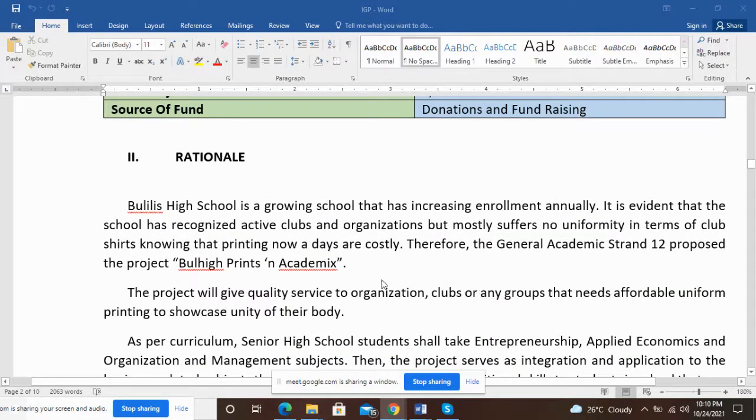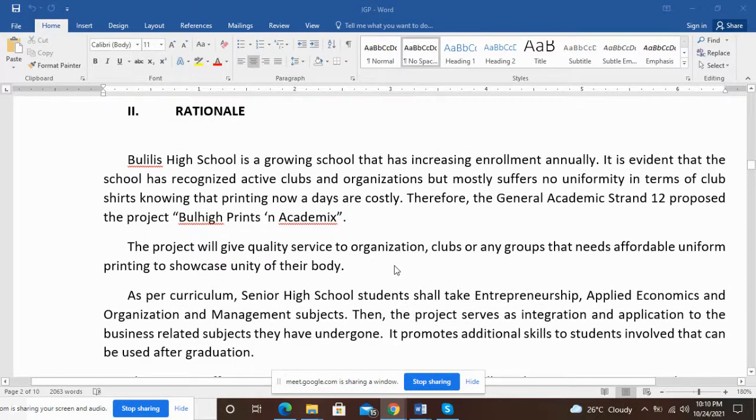You have the rationale. In your rationale, you're going to have some of your reasons why you're conducting this. Or you could find a national memo that encourages teachers to conduct IGP, so you could also use that. And if you can relate it with some subjects that you have, you could also use it.